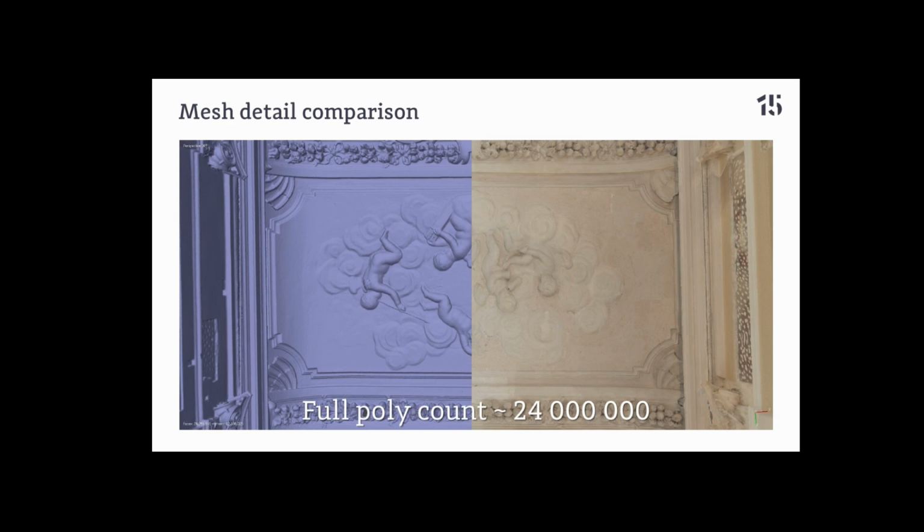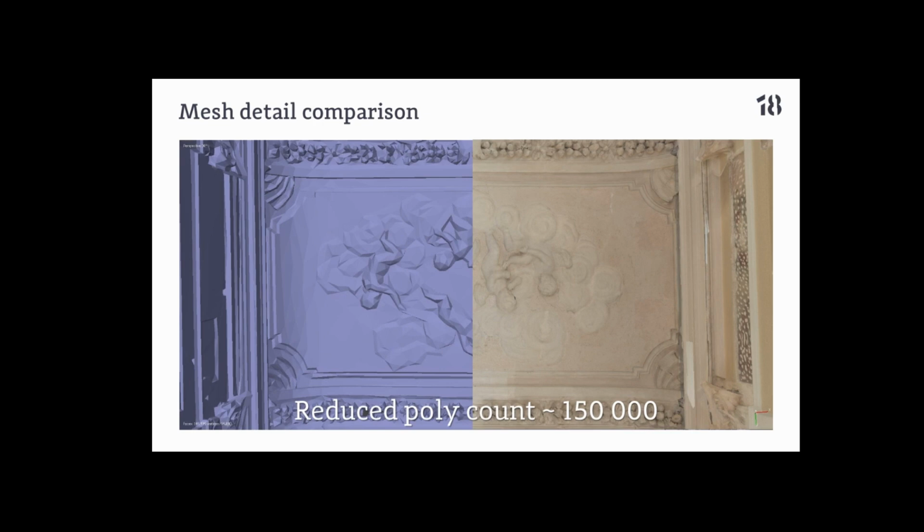So here we can see the original mesh generated with Photoscan in the original spatial resolution. And here are our attempts at decimating this mesh. Here we can see 24 million polygons, now 500,000 and less and less.